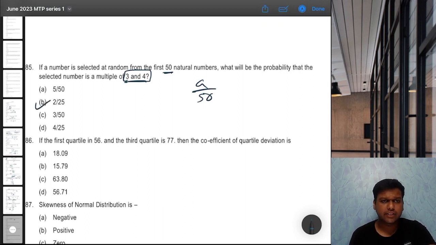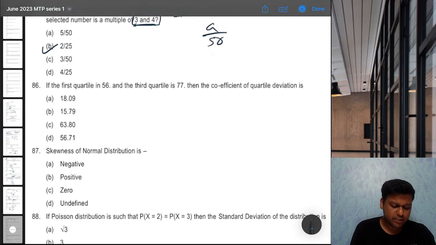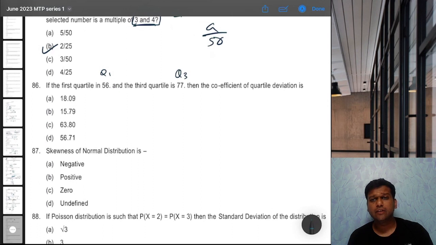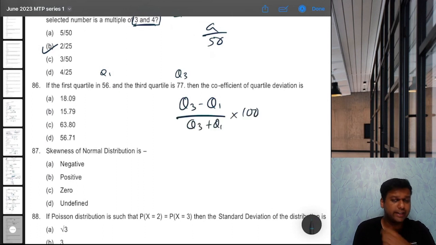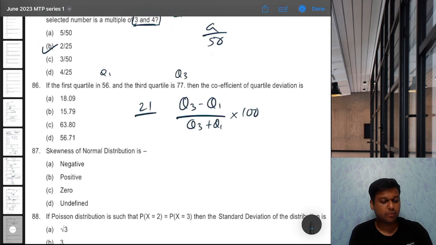Okay, next. 86, if the first quartile Q1 is 56 and the third quartile Q3 is 77, then the coefficient of quartile deviation is, again a straightforward question because the formula is this, right? So the numerator is 77 minus 56, 21, by 77 plus 56, 133.